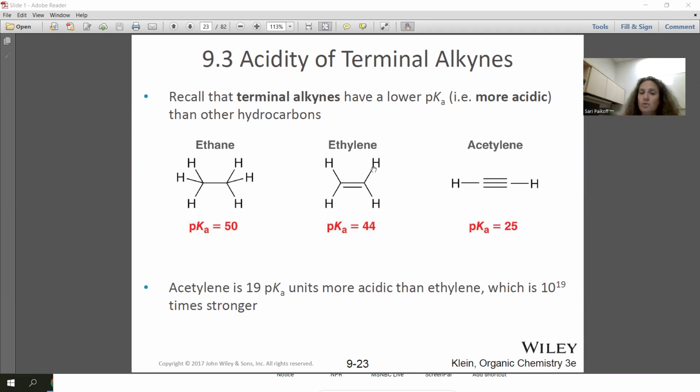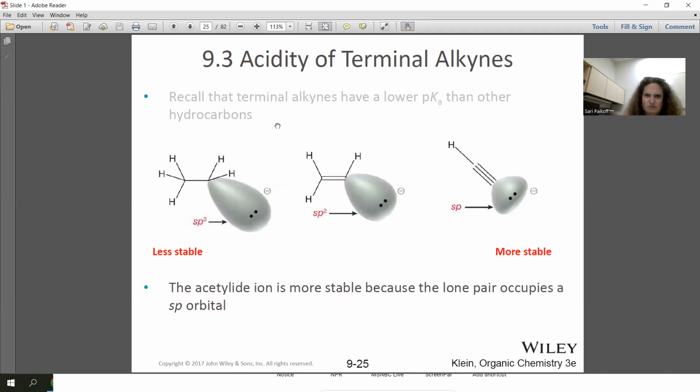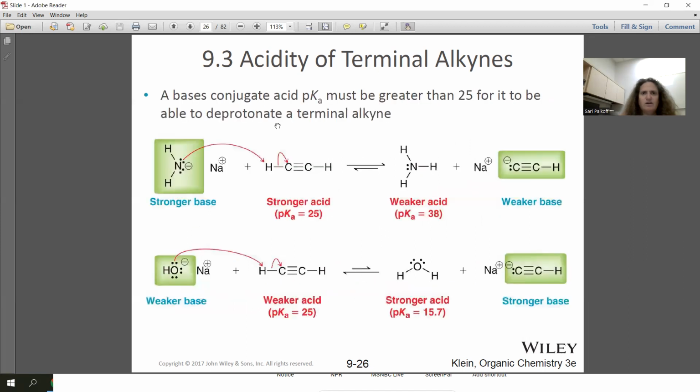These would not deprotonate with something like NaNH2. Again, we need a strong base, and normally you guys go NaOH. NaOH is not a strong enough base.